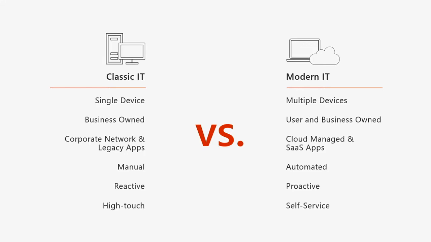So there is this balance between the classic IT where we all live today versus the definition of modern IT. When we talk about modern IT, it's about having your management and operation within the cloud, where you can manage multiple devices, multiple OSs, where users within your company, or an external user, can bring their device into work.